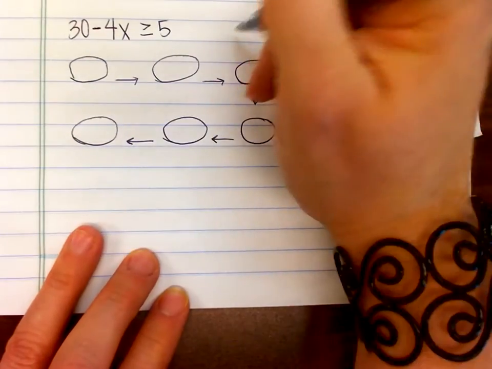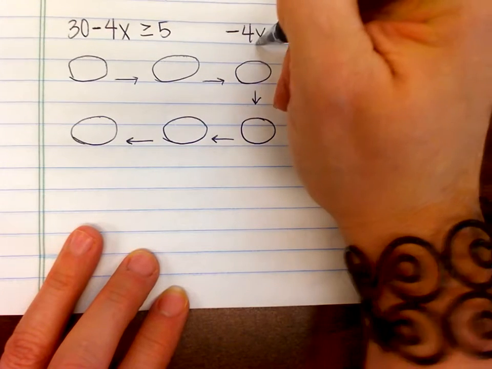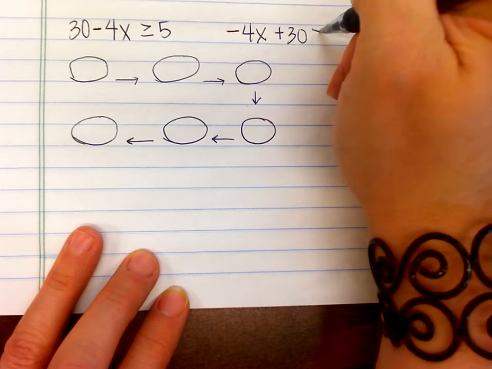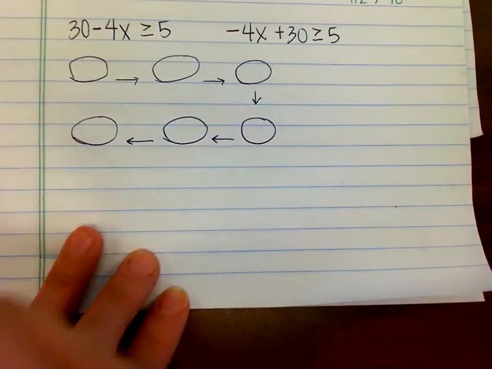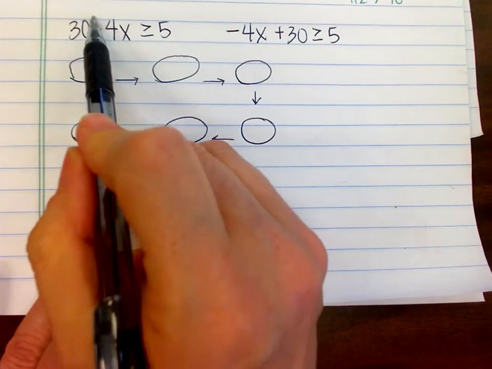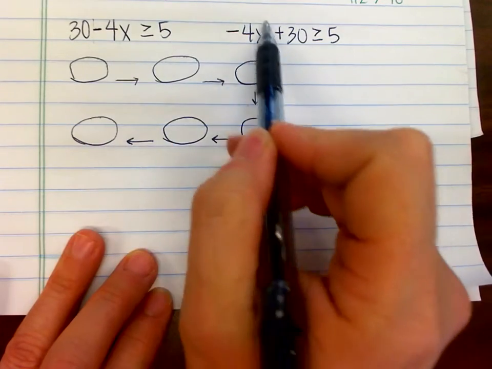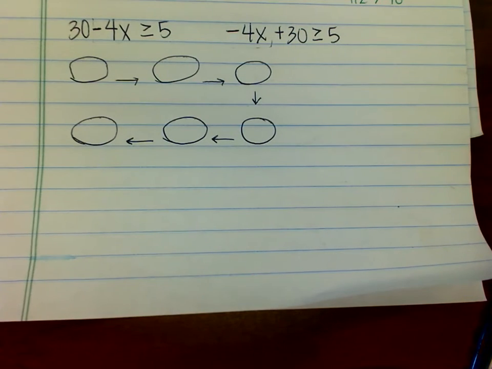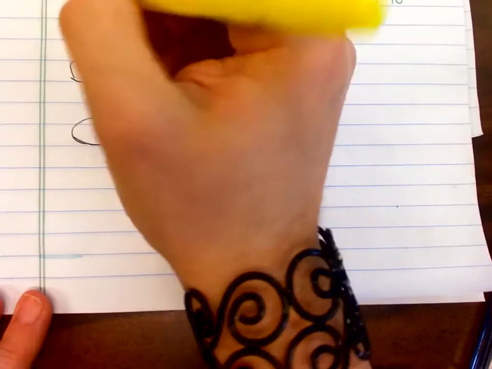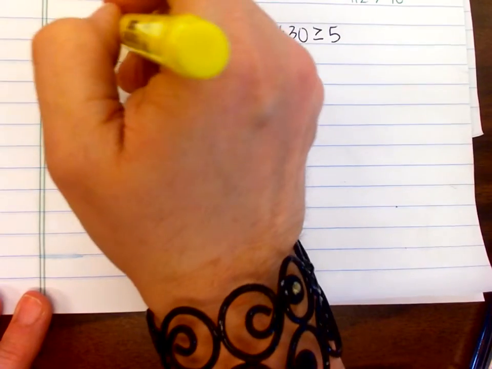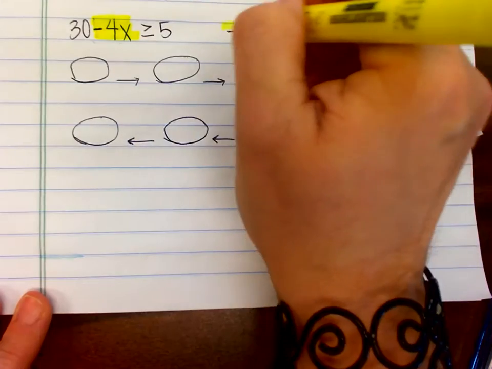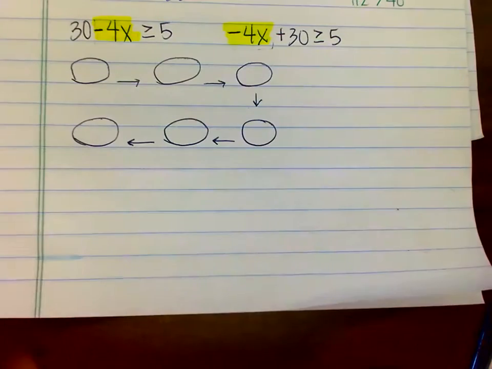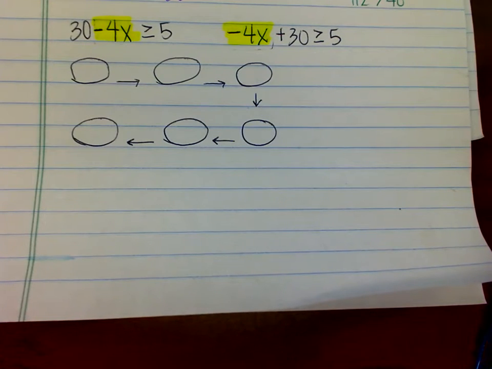I'm going to rewrite this inequality as negative 4x plus 30 is greater than or equal to 5. The reason I'm doing that is because I like my x to come first in my inequality. You'll notice this symbol stayed with this coefficient and variable pair.